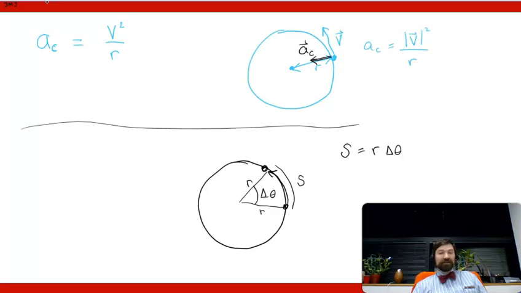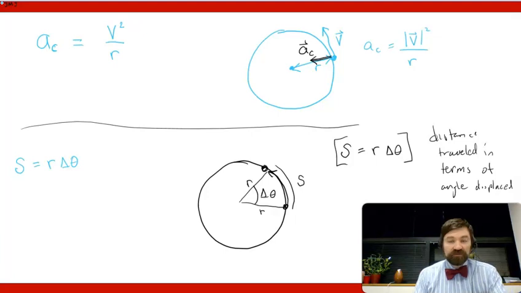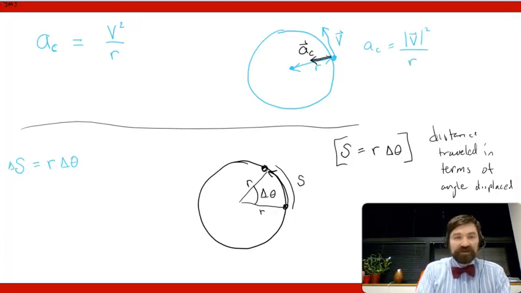If you go for a quarter, then you've got pi over 2 times r, and so on. So this right here is telling us the distance traveled around the circle in terms of the angle. Okay, so our distance traveled s, or maybe we should call it a delta s, is r delta theta. So that's the distance that's been swept out.